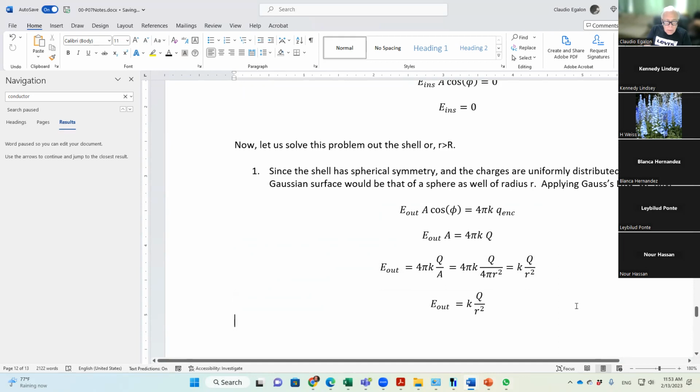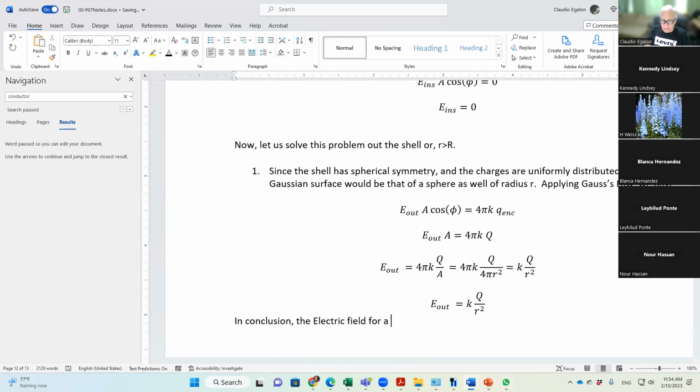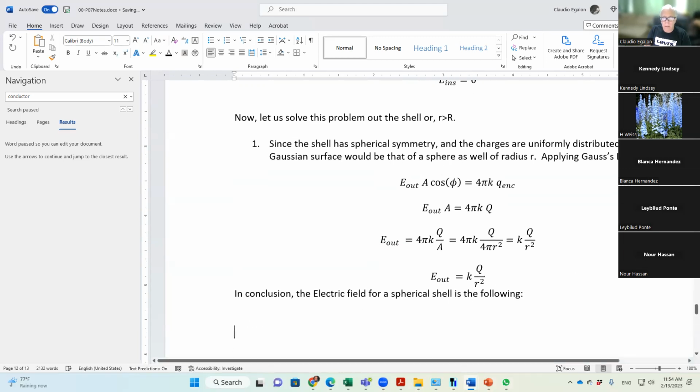In conclusion, the electric field for a spherical shell is the following.